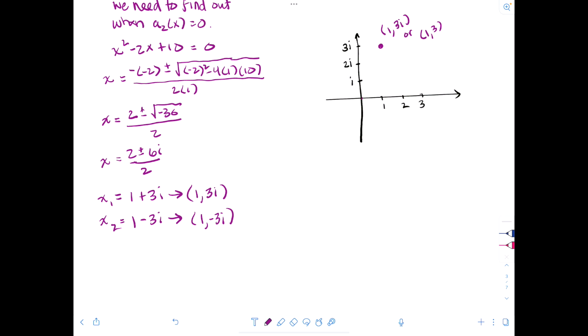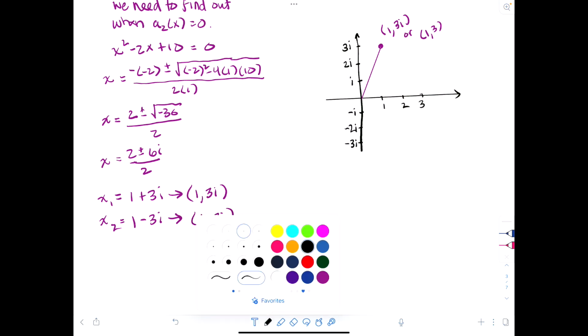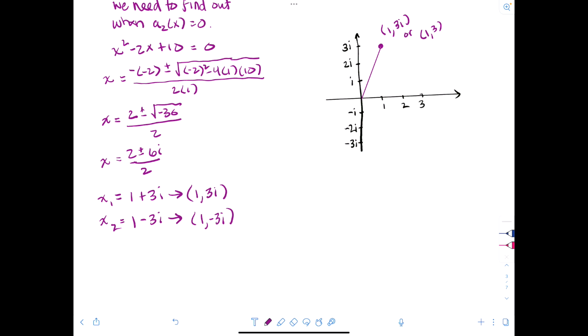And then x0 is 0, so that's where we'd be looking at that distance, because this is a singular point. And we're also going to have another one down here, but they're going to be equidistant from 0, 0. So this one would be the ordered pair 1, negative 3i, or 1, negative 3.